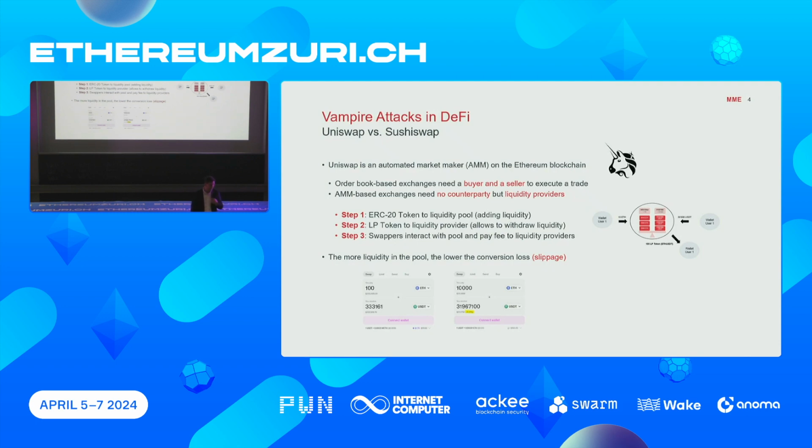Now, how does that work? People give liquidity, usually in the form of ERC20 tokens, and have to provide liquidity on both sides equally to make sure that the pool remains balanced. In return for that liquidity, they get a so-called LP token. The LP token is a receipt that they can use to get the liquidity back at any time. The third step is that the swappers, those who want to make the conversions, can use the liquidity pool to turn one token into the other.